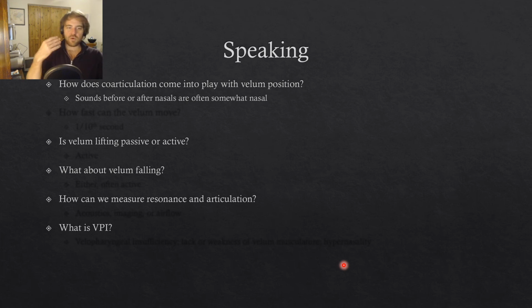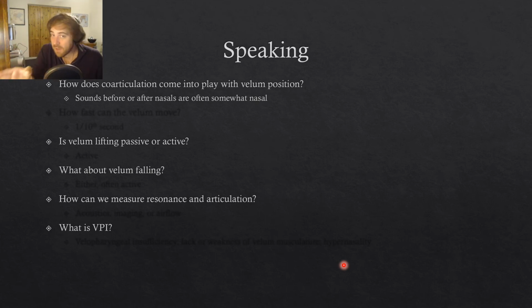So sounds before or after nasals are often somewhat nasal. So if you say the word mourns. Mourns is a really good one. Mourns. Pay attention to where the velum is when you say mourns. It doesn't pop back up when you say S, though it certainly could.